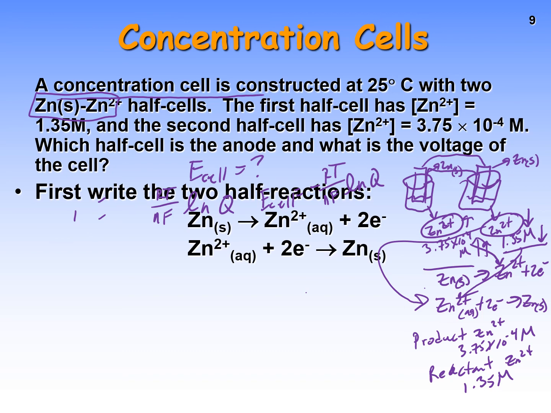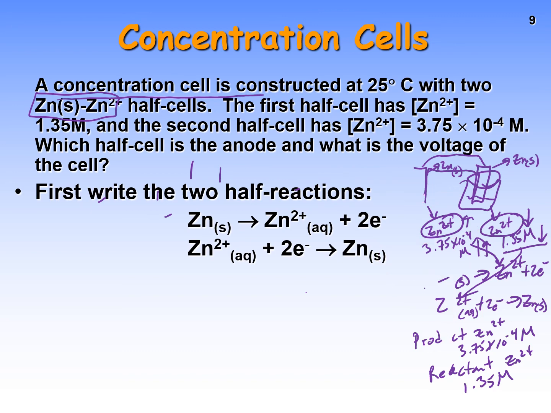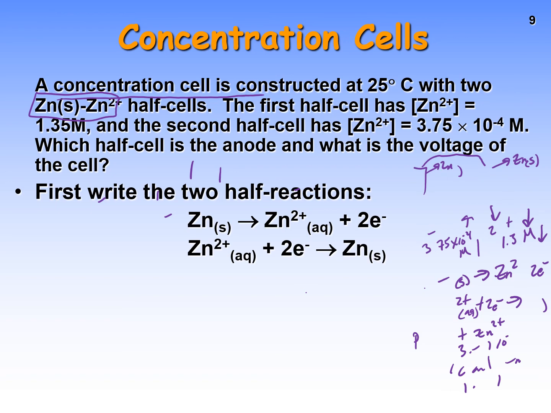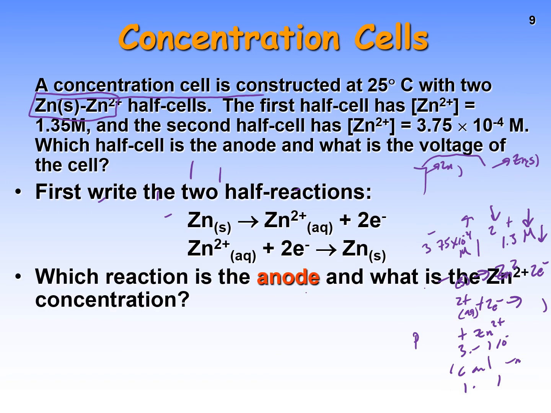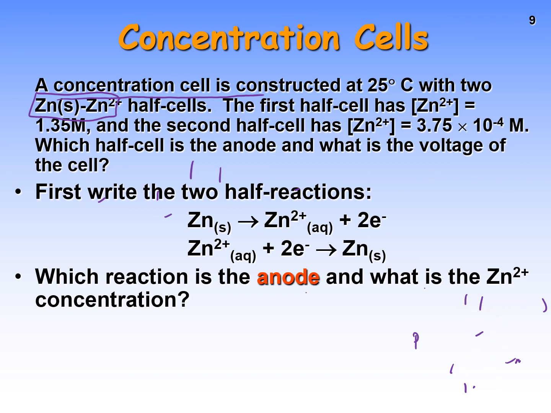I'm going to erase all this so that we can see the writing a little better. So if we look at this, we have these two reactions, like I was showing you earlier. They both have to be occurring because one's a reduction, one's an oxidation.